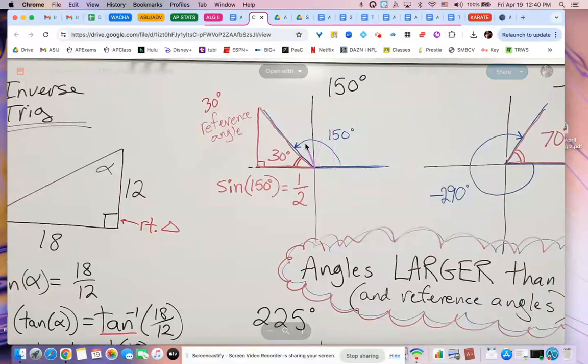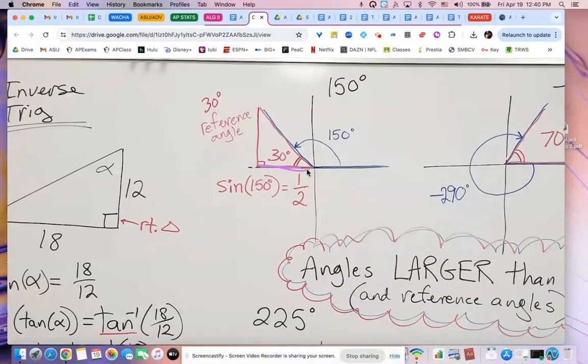And then when we come over to this side, it's like this. So the height still becomes the opposite side. This was my opposite side in my triangle. So when I come over here, this side over here is still my opposite side. So the height of the triangle is still the opposite side.